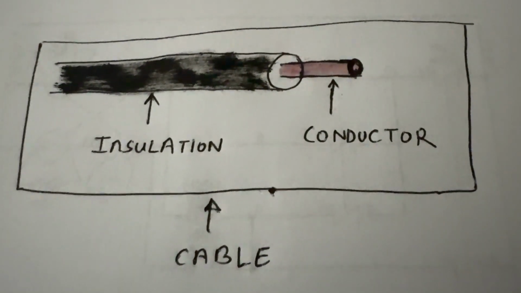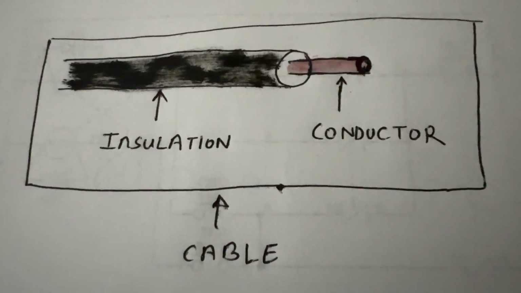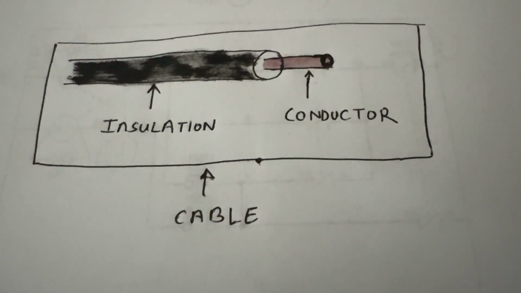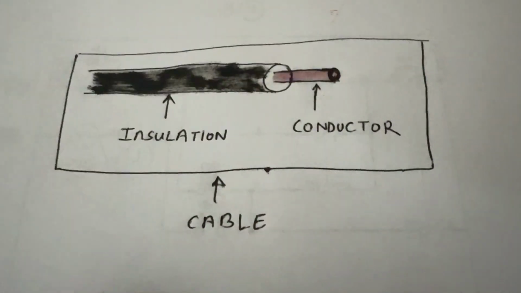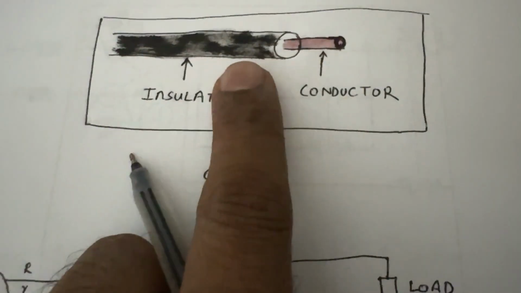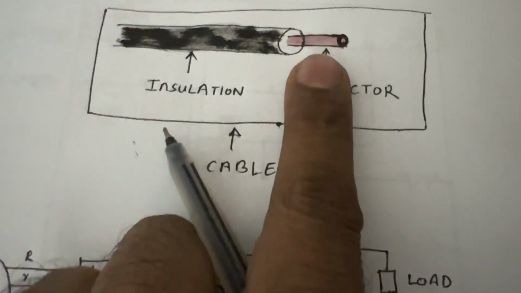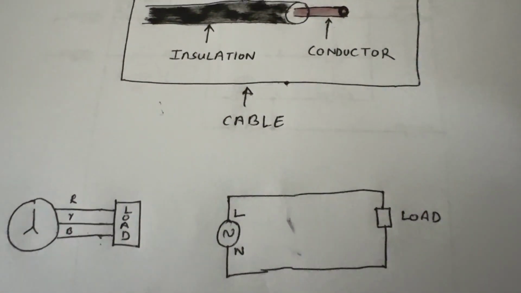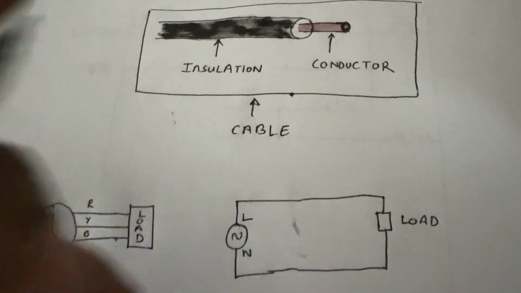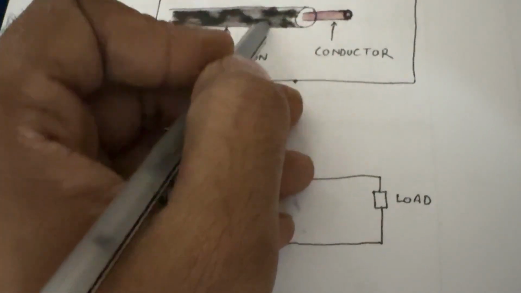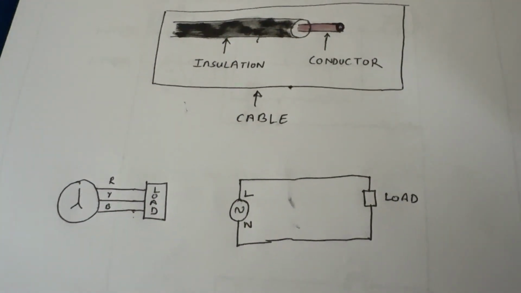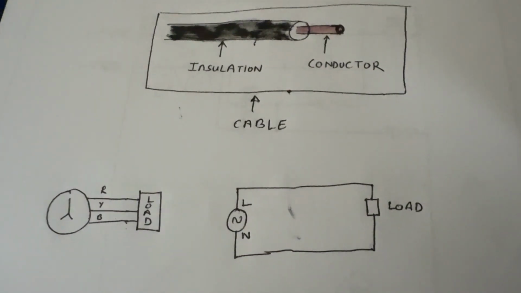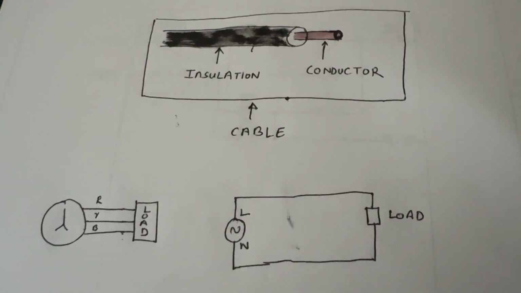So let's take an example of a simple cable. Now a cable has many parts, but I have simplified it for better understanding. This is the insulation of the cable, the black color, and the light red color is your conductor. If this insulation gets deteriorated by time, poor quality of cable supplied or any other physical damage, the naked conductor will get exposed.